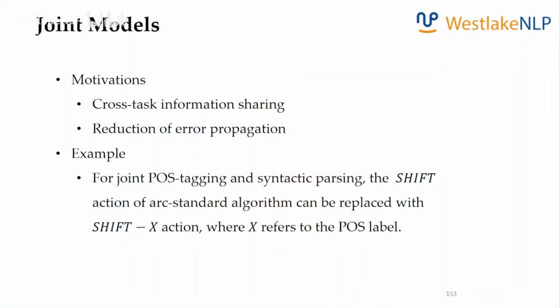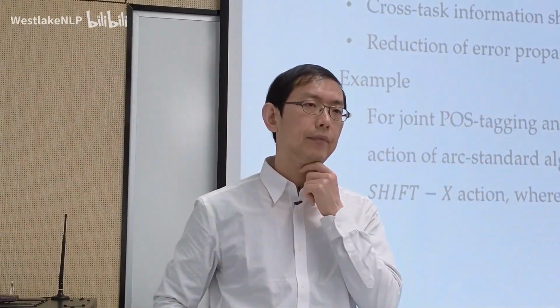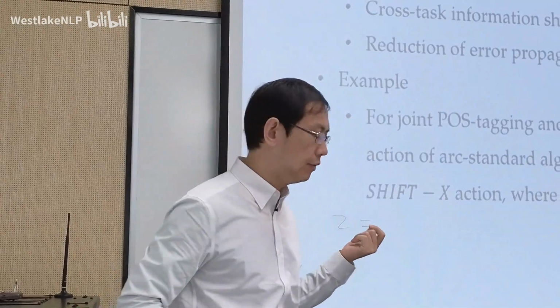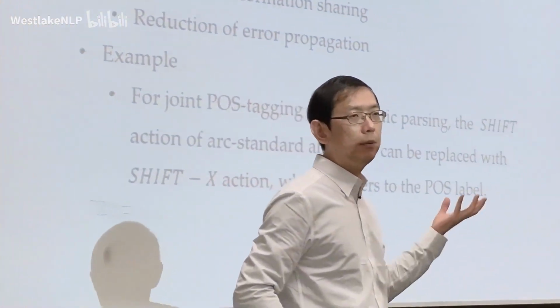For example, part-of-speech tagging and parsing can be a pipeline. Given a sentence, you first apply a part-of-speech tag to each word, and then you build a tree structure on top of it. Now, traditional models, as we discussed in the previous chapters, have to do part-of-speech tagging before parsing. There's a disadvantage to that, because part-of-speech tagging errors will propagate to parsing.